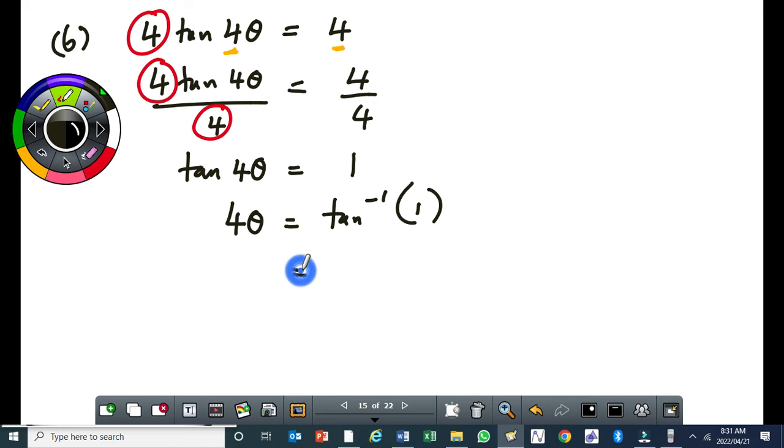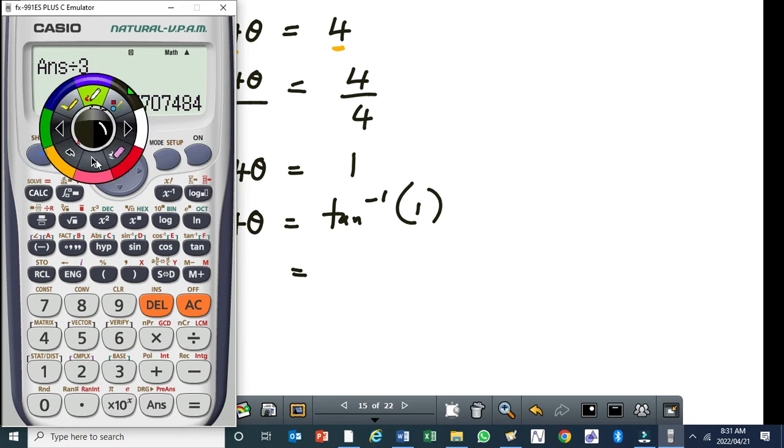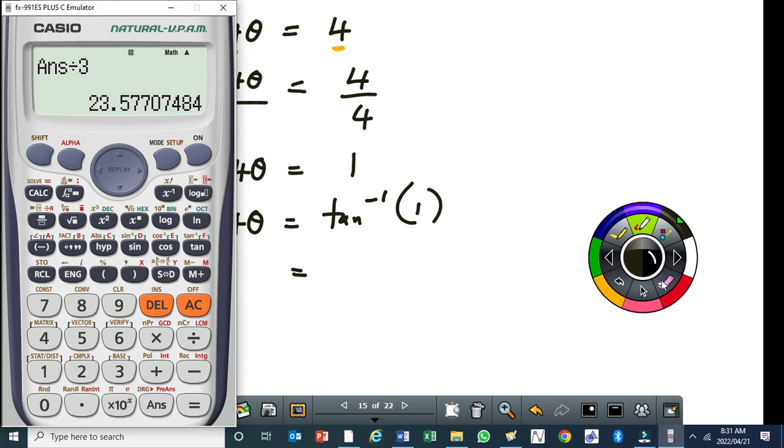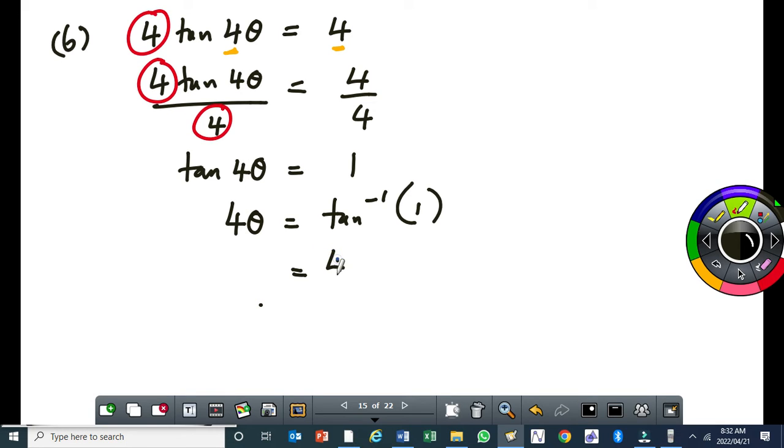I know that shift tan of 1 is 45, but I'll just show you because you are still new to this. So shift tan of 1 will give us 45. So I'll put 45 degrees here, and on the left I'll have 4 theta.